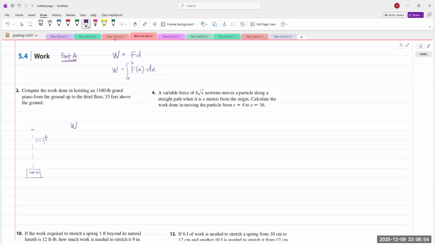So the work will be, now notice that the weight is constant throughout this journey, 35 feet up, right? So the work will be simply 1100 pounds times 35 feet, foot-pounds.